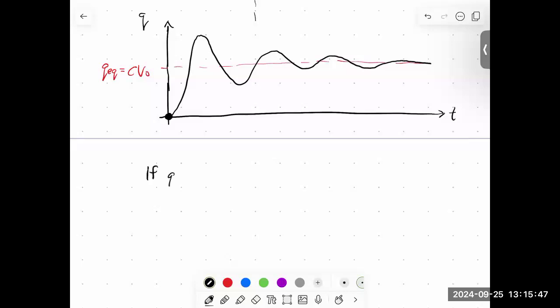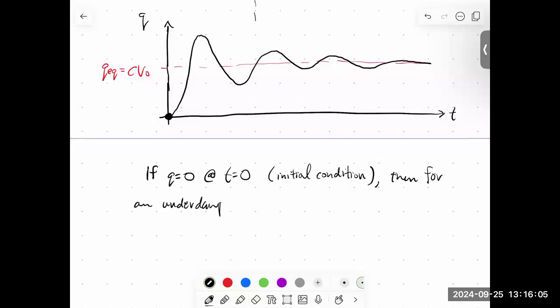If Q equals 0 at T equals 0, that's our initial condition, then for an underdamped LRC circuit, and underdamped, remember, means that R is small. We could arbitrarily make our circuit as underdamped as we want by keeping R smaller and smaller.